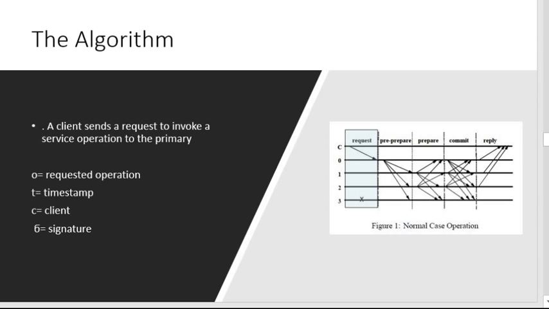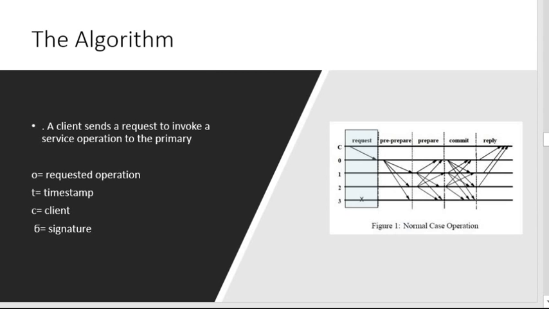The highlighted part in the diagram shows C sending the request to its primary. The client sends the request for the execution of its operation by sending the request message to the backups. Timestamp T is used to ensure exactly-once semantics for the execution of client requests.